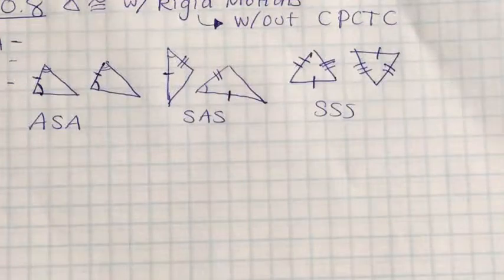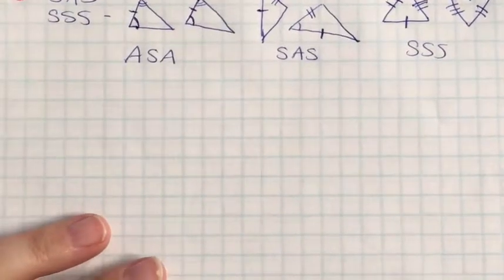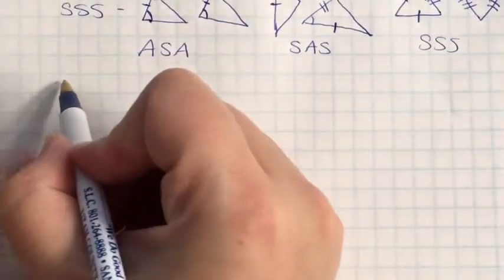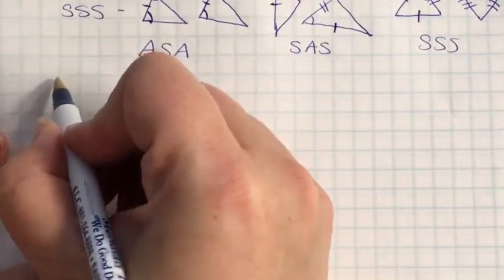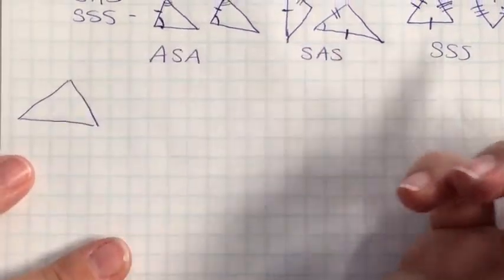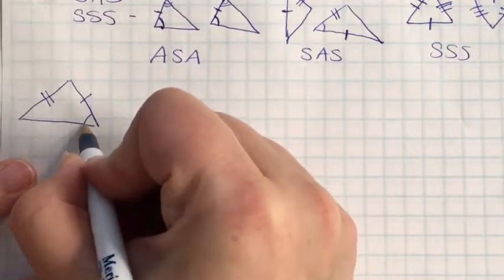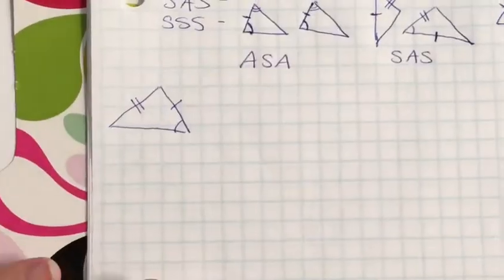Okay, how this topic looks in ALEKS is it will give you a triangle, maybe one that looks like this. And it will do pictures like this, like that. Oh, you can't see it, huh?